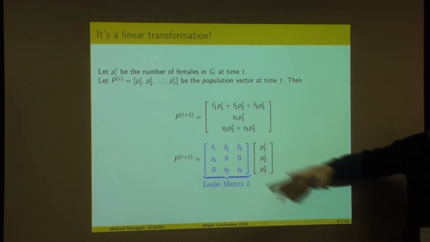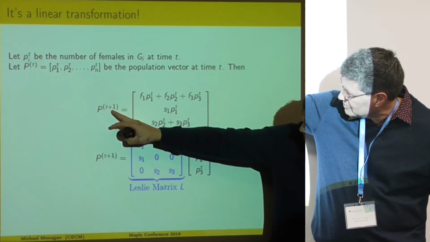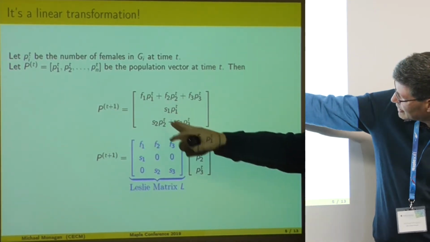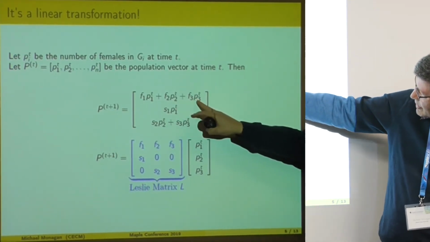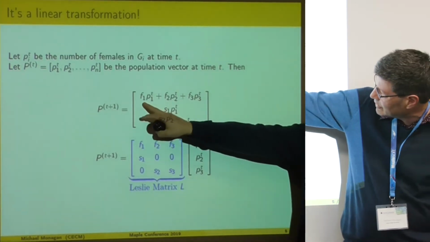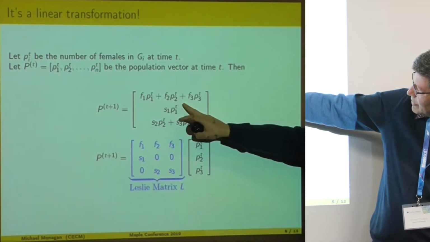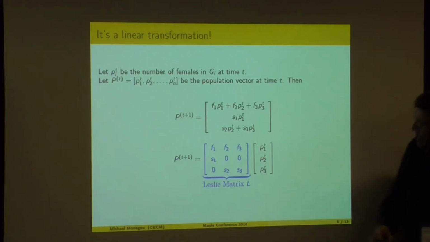Then in my example, we're going to say the population at time t plus 1 can be expressed in terms of the populations at time t as that vector. I hope you can read it. It's f1 times p1 plus f2 times p2 plus f3 times p3.